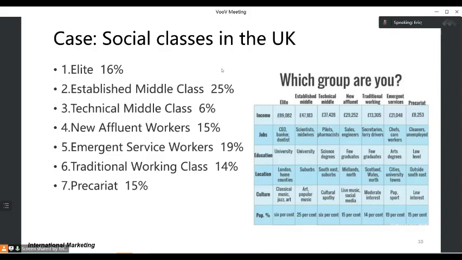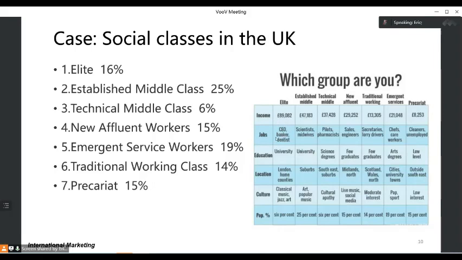These 7 classes in the UK each have different characteristics: income, jobs, education, location, culture. They are different. And this is the criteria about income. It's about jobs.